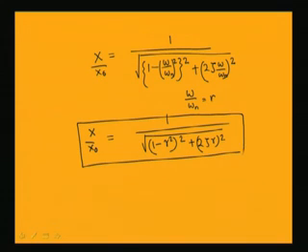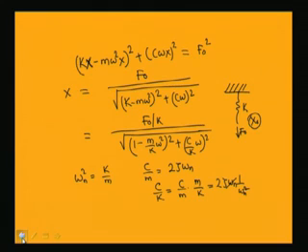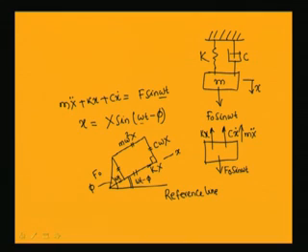Now, I have to find the phase angle. This phase angle phi also can be obtained from this triangle. In this triangle, tan phi will be equal to c omega x by kx minus m omega square x.